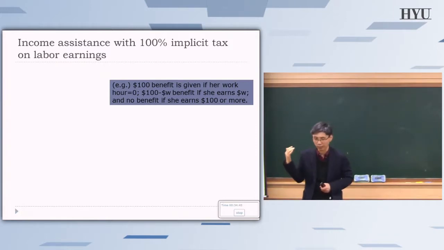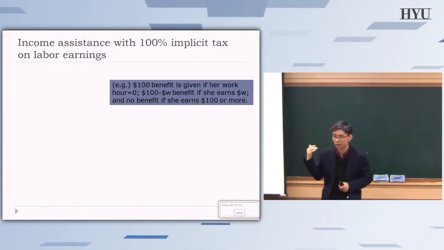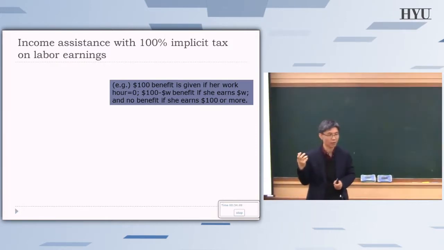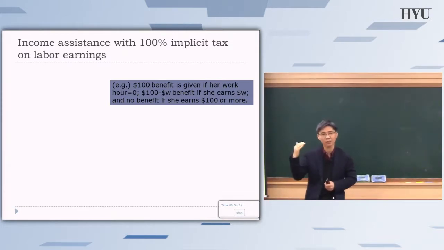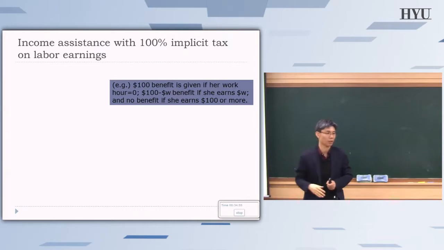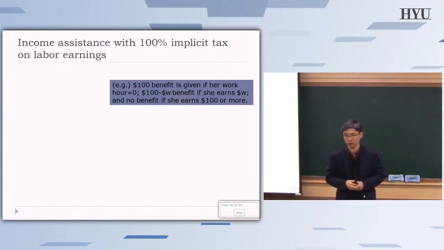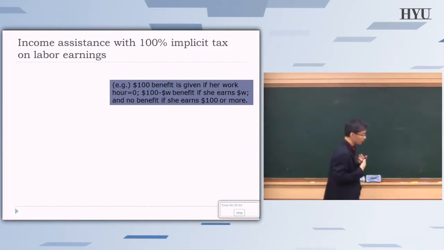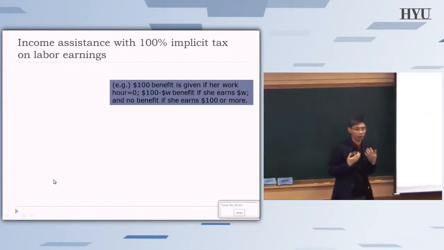That's a simple way of thinking about it. So if your income is low enough, you get the money, and if your income is above some threshold, you don't get anything, or you may get a reduced amount. That is the generic welfare program you think about.